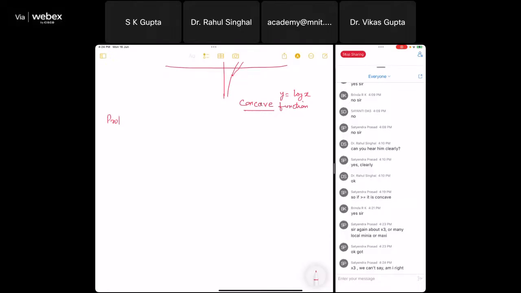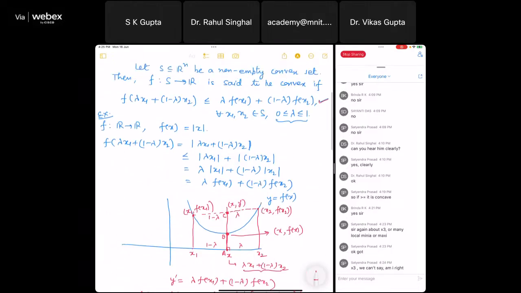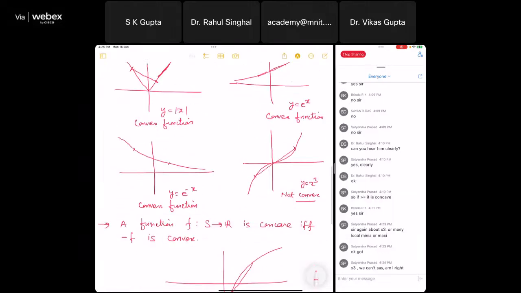So the properties of convex function are something like this. If we do it for convex functions, the same way we can go for concave functions also, because we know that f is concave if and only if minus f is convex, right? And if these inequalities hold in the strict sense, strictly less or strictly greater, then the functions are called strictly concave or strictly convex.